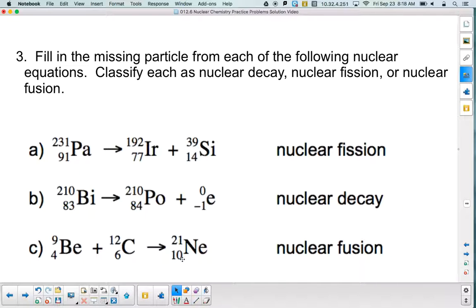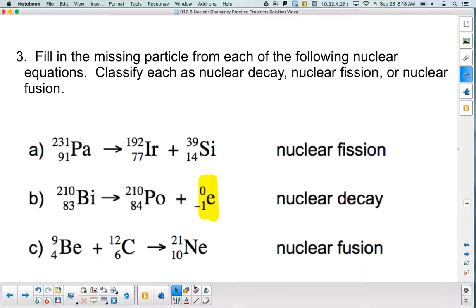Now I look back and decide what each of these represent. This first one is one nuclide coming apart into two smaller ones, and that's our definition of nuclear fission. This one here is one nuclide coming apart into two smaller ones, but one of those smaller nuclides right here is one of our radioactive decay particles.